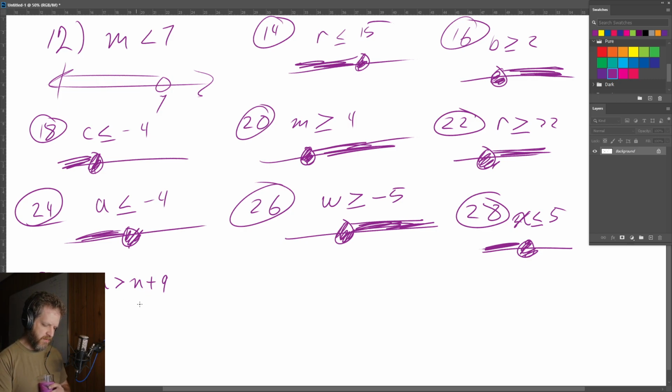And then when you, let's see, does it ask you to solve it? Yes, it does. When you solved it, it would have been n is greater than 9. It would have been an open circle shaded to the right.